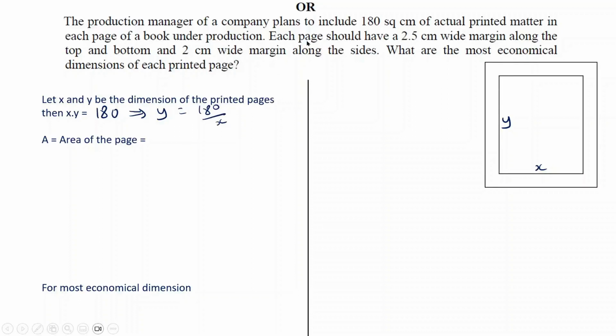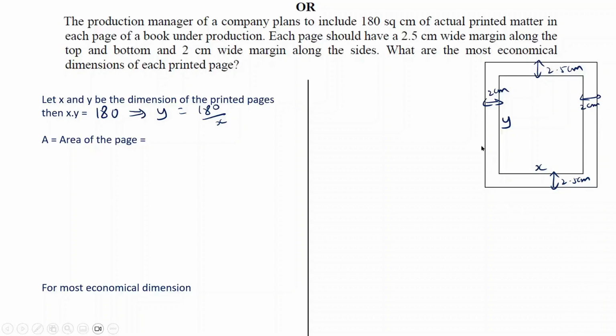And now they have said each page should have 2.5 centimeter wide margin along the top and bottom. So this is 2.5 centimeter and this is 2.5 centimeter. And then it should have 2 centimeter wide margin along the sides. So this is 2 centimeter and this is 2 centimeter.